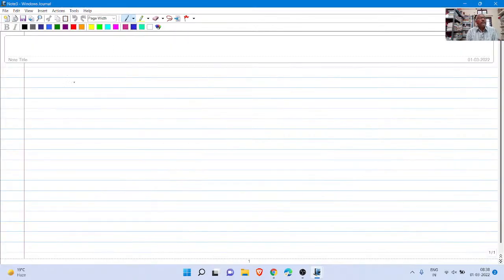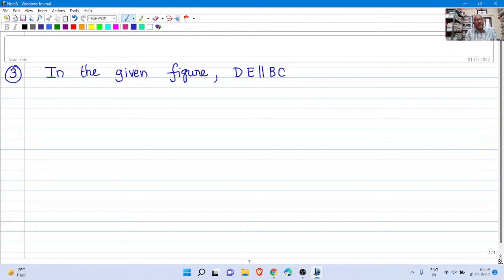The third question. In the given figure, DE parallel to BC, then AD equals, that means the length of AD, the missing value of AD we need to find out.